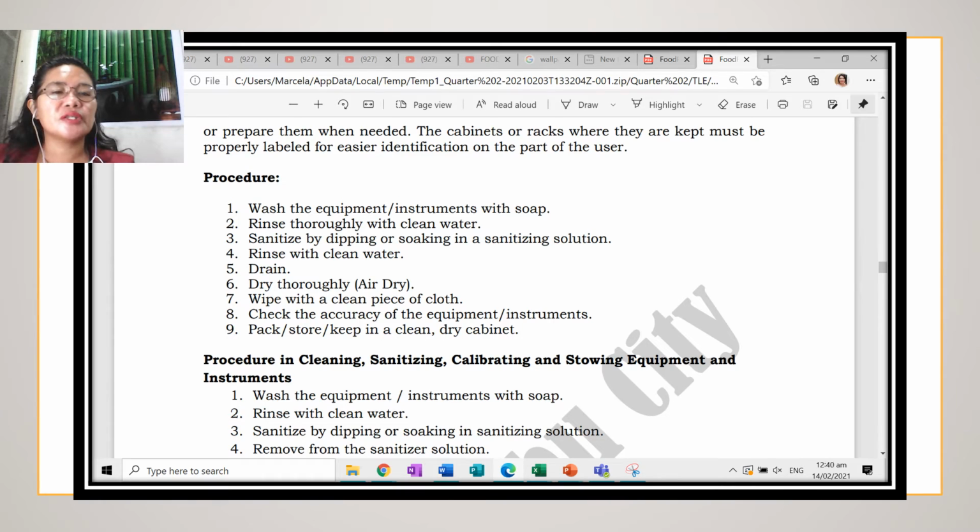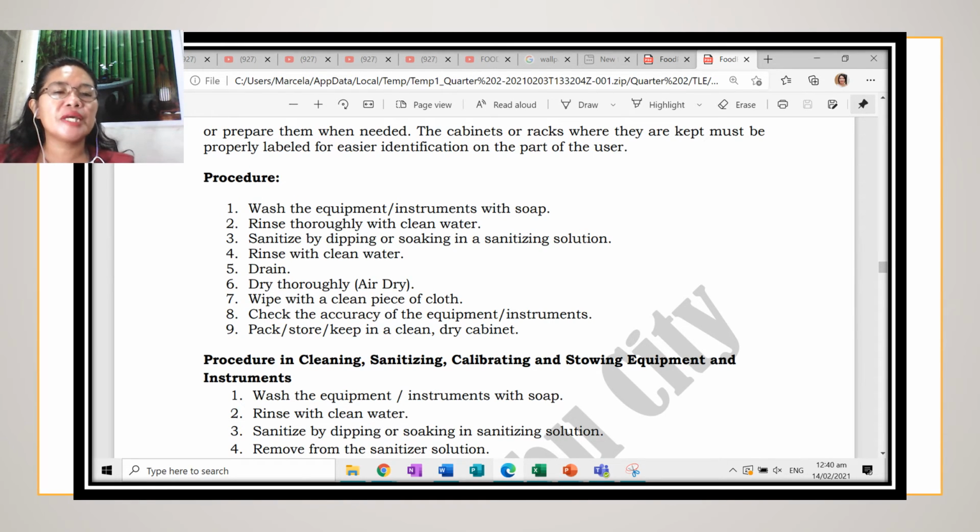Okay, so the procedure for this, there are 9. Number 1, wash the equipment or instruments with soap, then rinse thoroughly with clean water. Number 3, sanitize by dipping or soaking in the sanitizing solution, then rinse with clean water, then drain.